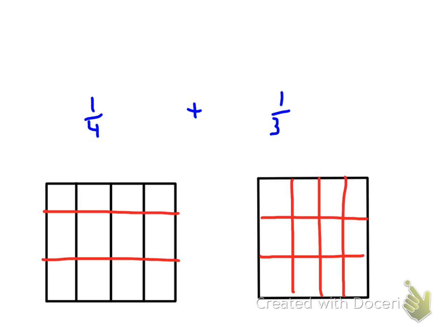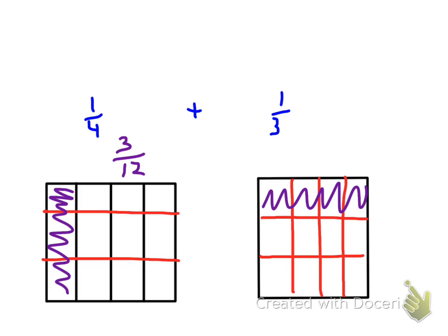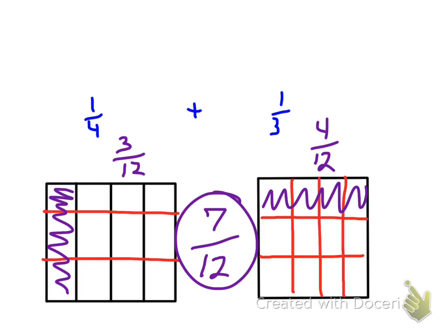So now, shading in 1/4 is 3/12, and shading in 1/3 is 4/12. Now combining those together, 3/12 and 4/12 gives me a total of 7/12. So once I get my common denominator, I add my numerators.